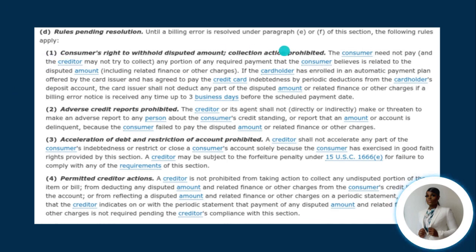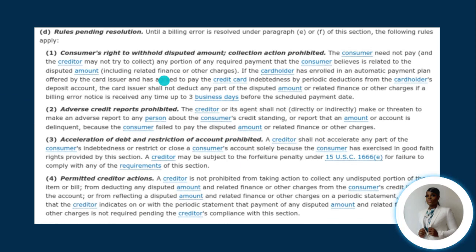And then what else rules apply here? So number 2, it says adverse credit reports prohibited. The creditor or its agent shall not directly or indirectly make or threaten to make an adverse report to any person about the consumer's credit standing, or report that an amount or account is delinquent because the consumer failed to pay the disputed amount or other related finance charges.